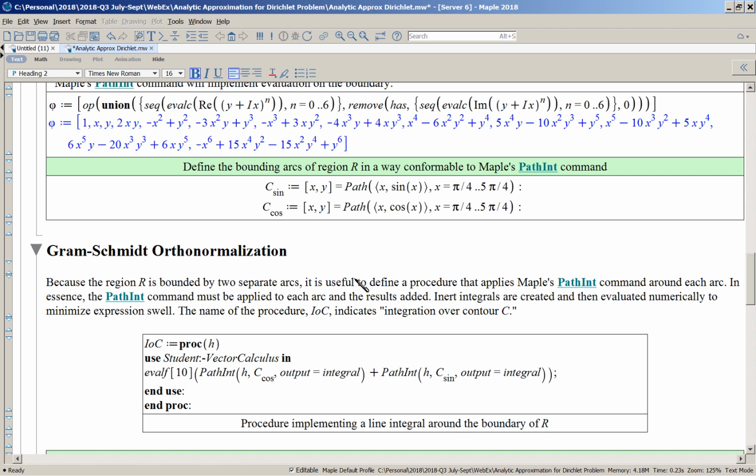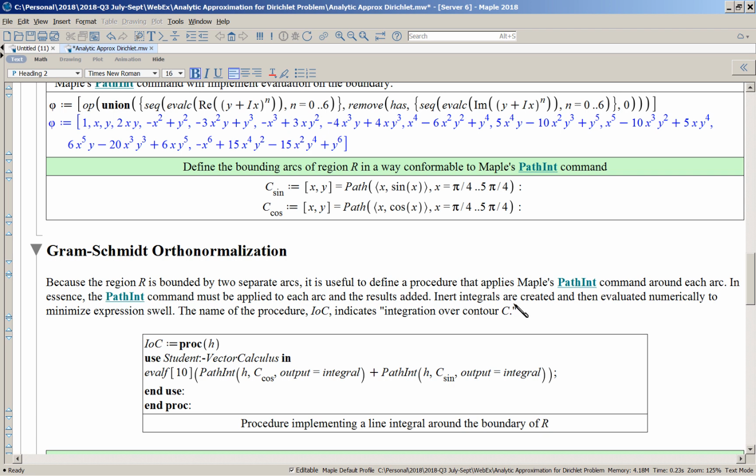And I will point out one other curious thing. Initially, I had defined the path to be counterclockwise. So I started out, if you think about the cosine branch, that's the bottom one. So there I went from pi upon 4 to 5 pi upon 4.